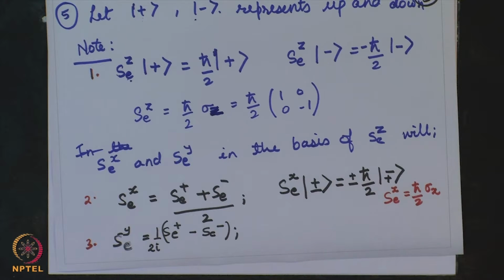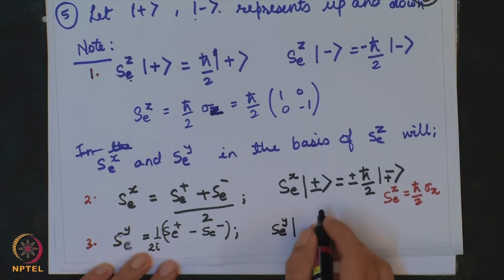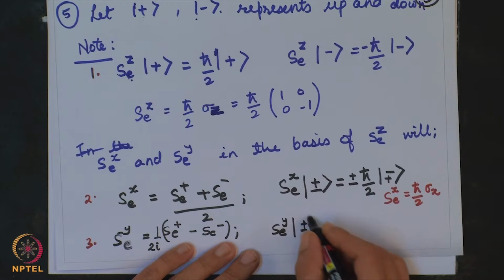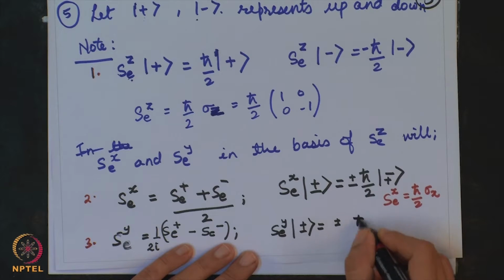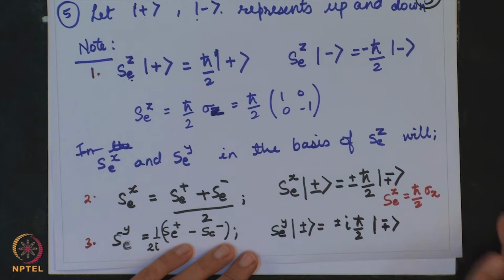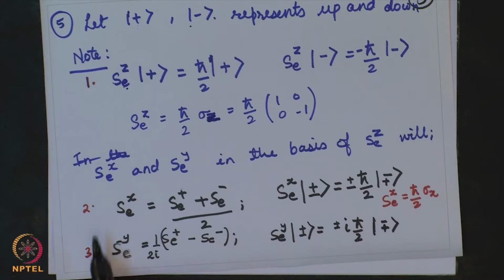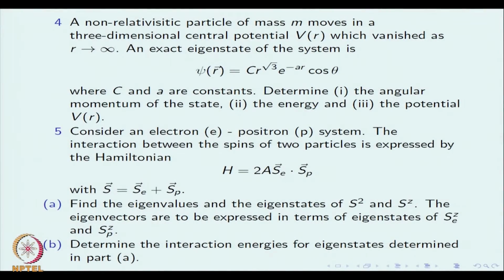Okay. And here again, when the y component is operated on the plus or minus state, it will also project out h cross by 2, but the imaginary part will appear.